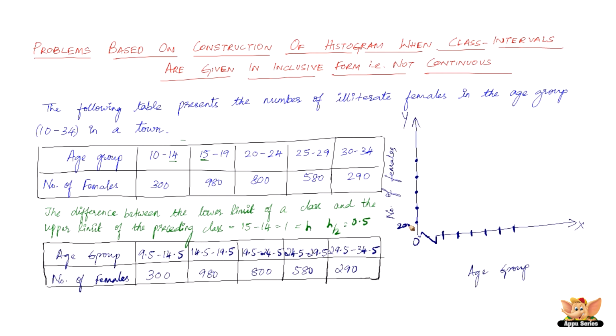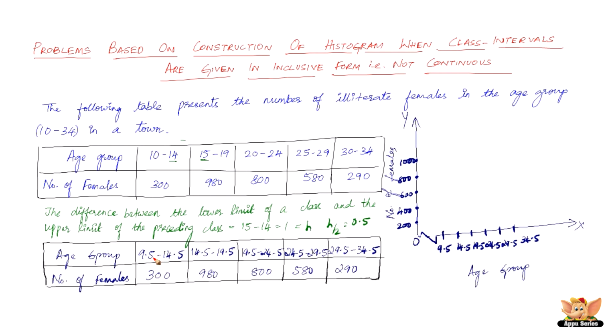So here we write 200, 400, 600, 800, and 1000. So now here it's going to be 9.5, 14.5, 19.5, 24.5, 29.5, and 34.5. So now let us draw the histogram.